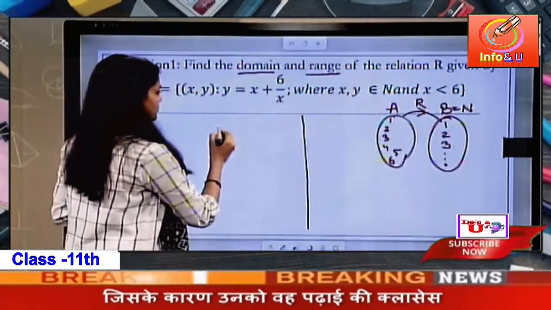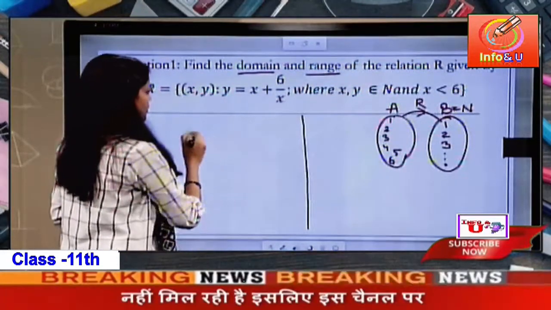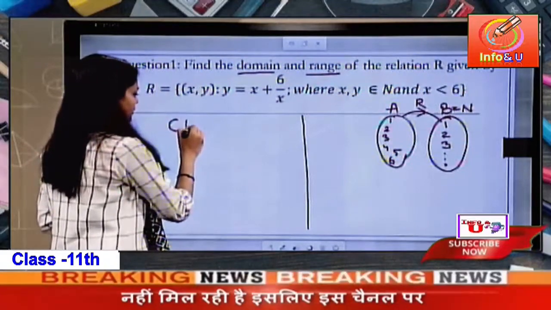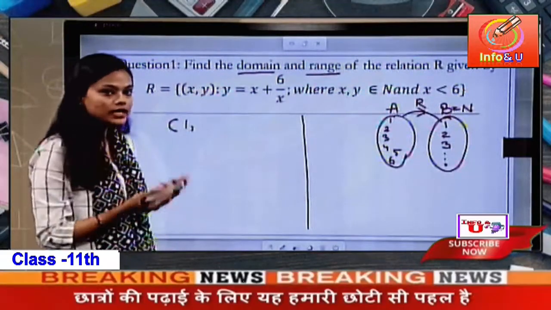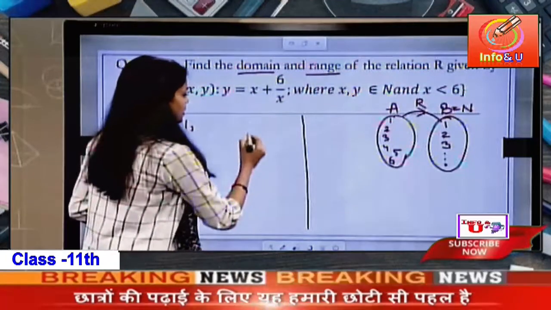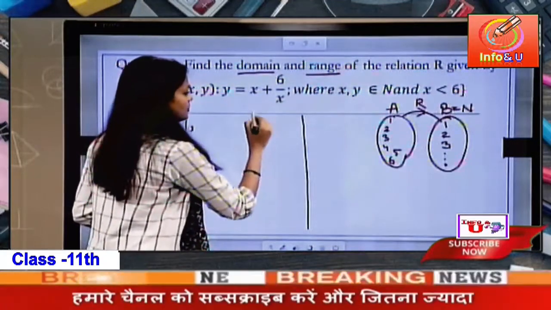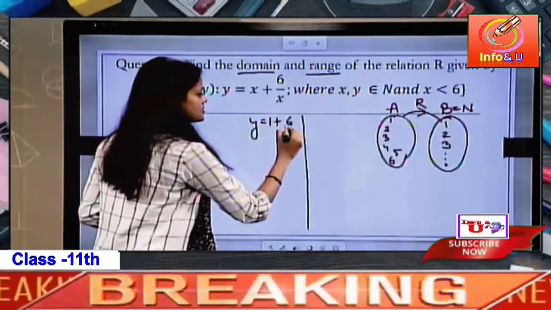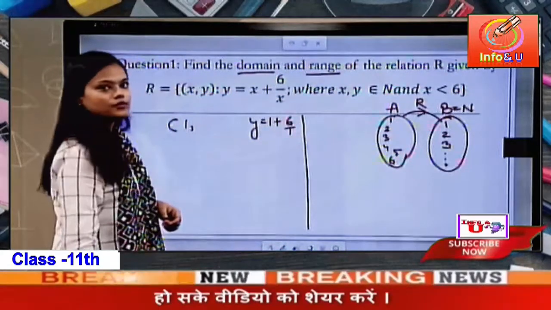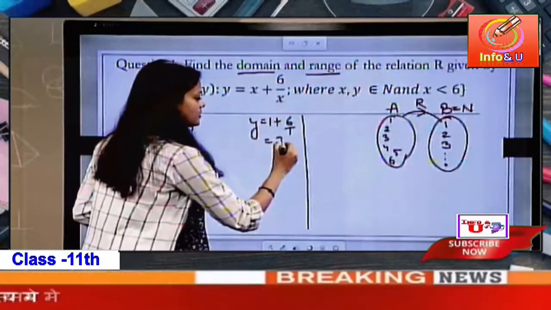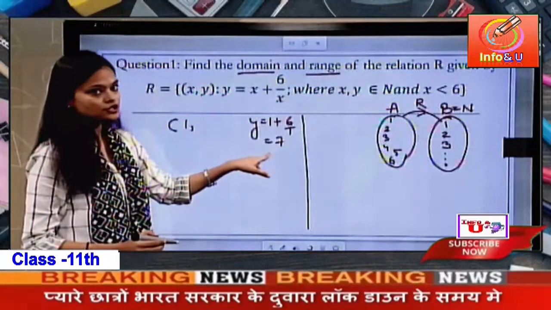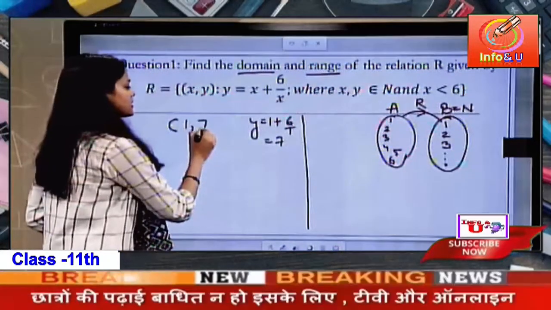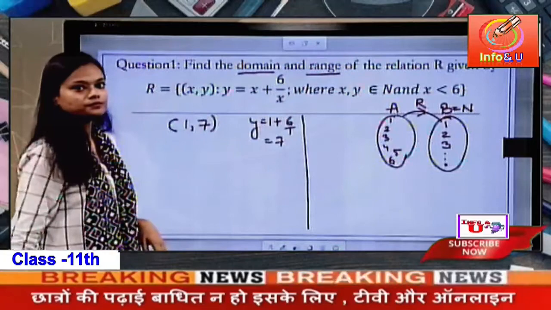Let us see whether it is related to any element or not. So Y will be 1 plus 6 by 1, which comes out to be 7. And yes, 7 is a natural number. So yes, 1 is related to 7.